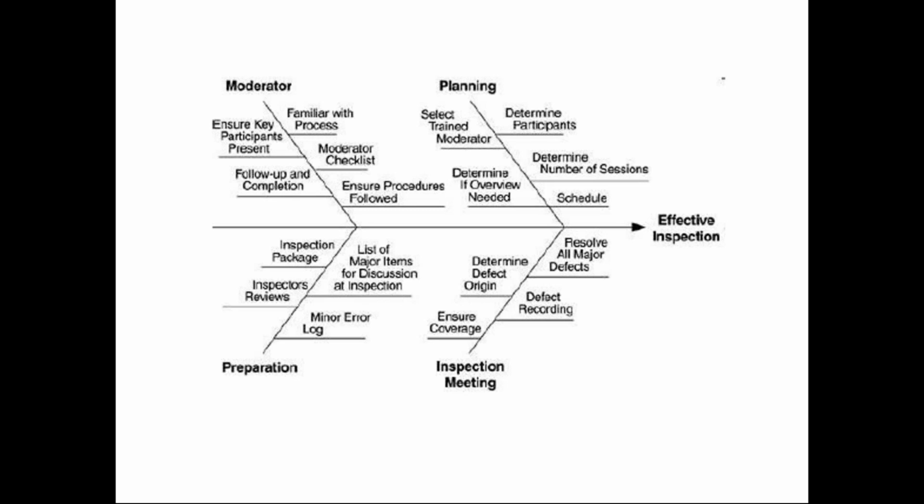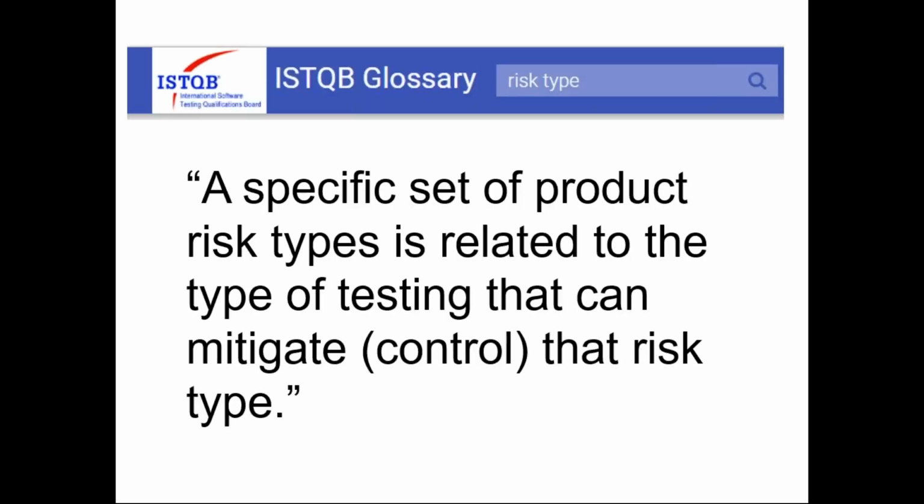You have an array of types of tests to run. From the glossary, it specifically says that you relate the types of risk to the types of testing. And if the types of testing give you insight to allow you to reduce that particular kind of risk, then that's the test that you need to match up.